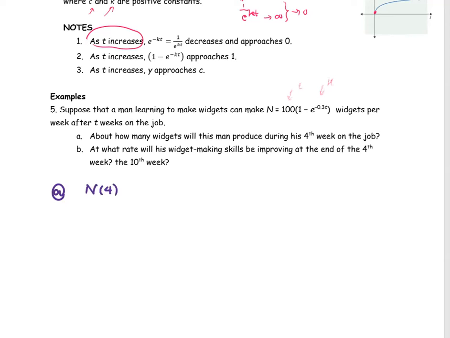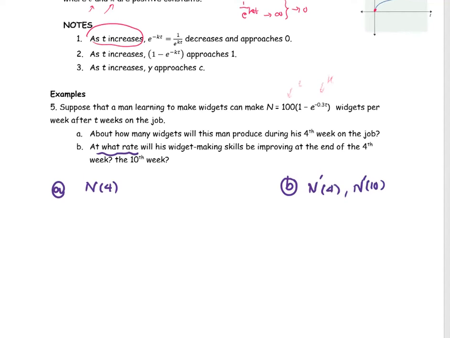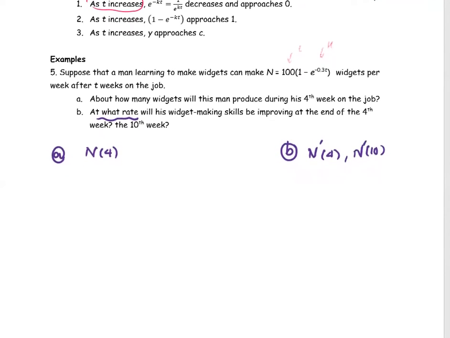For part B, we're going to compute the rate, which is n prime, at 4 and at 10, which is how many widgets he can make per week.